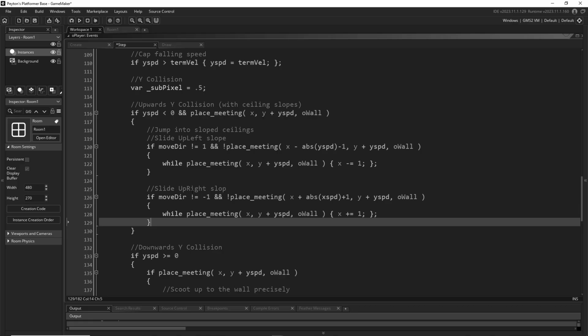Just interjecting really quick. One, yes, I accidentally typed x speed instead of y speed, and I deal with that in a second in the video, so you'll see what happens if we get that wrong. But the big thing here is there's also a very slight issue with what I talked about with using the move directions equaling -1 and +1. My logic still works, and it makes sense that we don't want to slide up left if we're holding to the right, and we don't want to slide up right if we're holding to the left, you know, our intent.